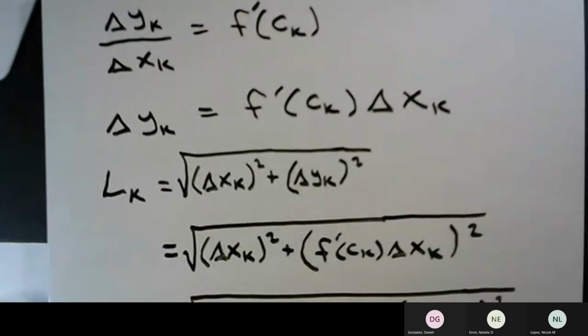So we get 1 over 4x squared times x to the 4th plus 4. And if we distribute, we'll get x squared over 4 plus 1 over x squared.